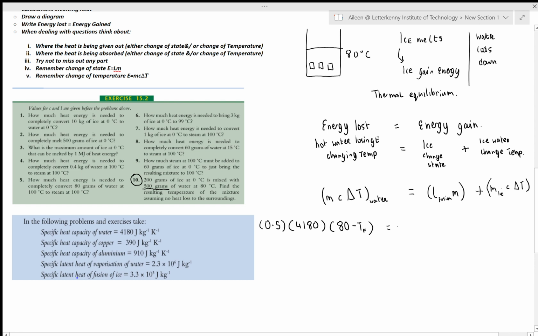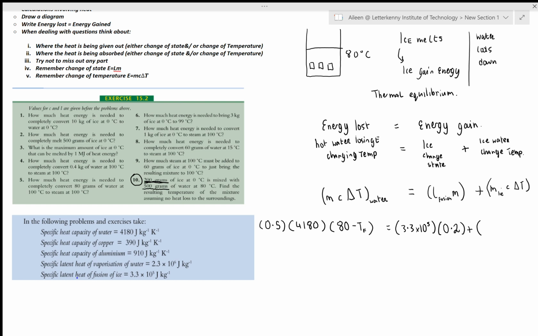And this is all equal to my latent heat of fusion, 3.3 × 10^5, times the mass of my ice. The mass of my ice is 200 grams, so I must convert that into kilograms by dividing by 1,000. Plus, once your ice melts, it is ice water at 0 degrees. This ice water heats up until the whole substance is in thermal equilibrium, i.e. your hot water and your cold ice water have one common temperature.